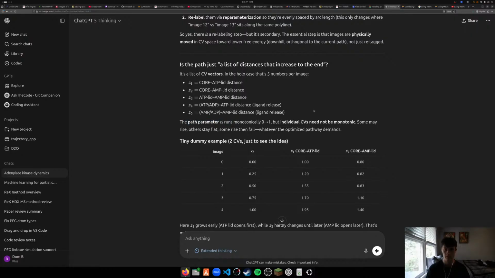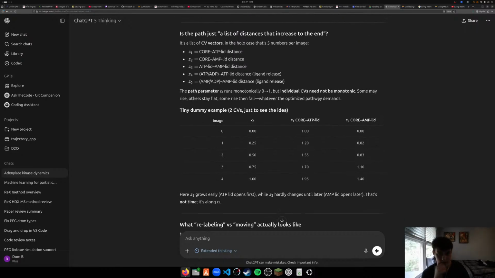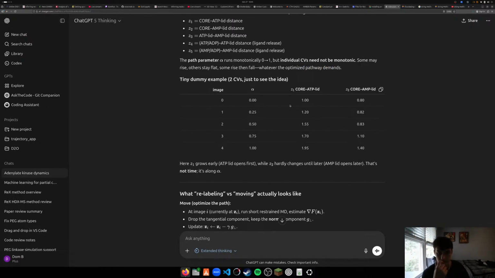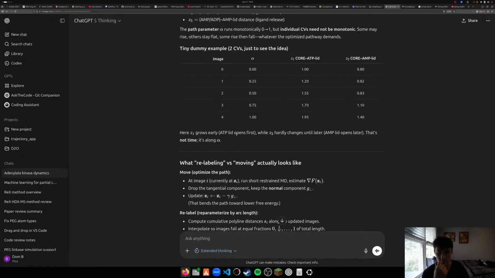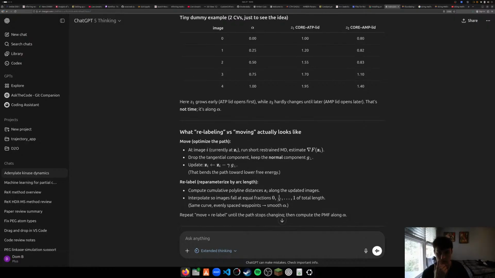The path parameter alpha runs by. Some rise, others stay flat, some fall, whatever the optimized path demands. Here Z1 grows early, and it's along the alpha.